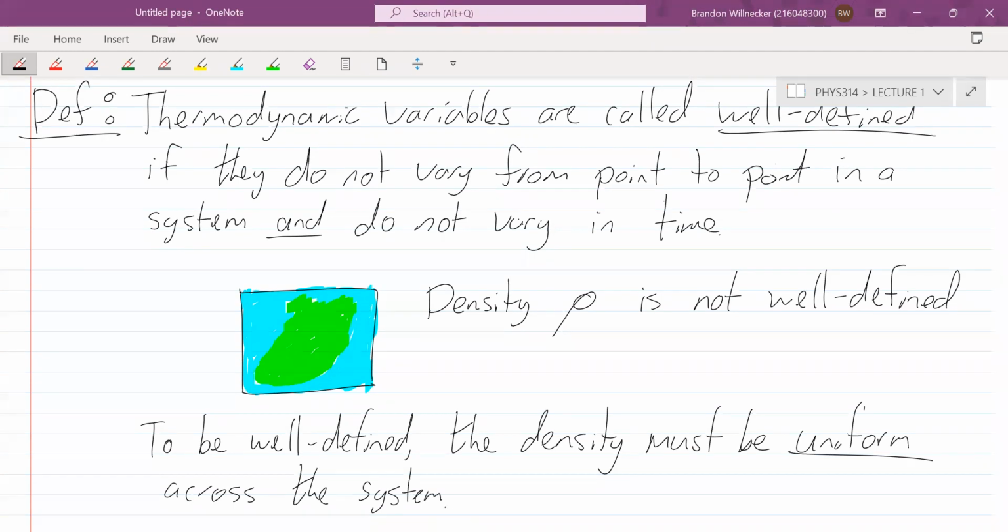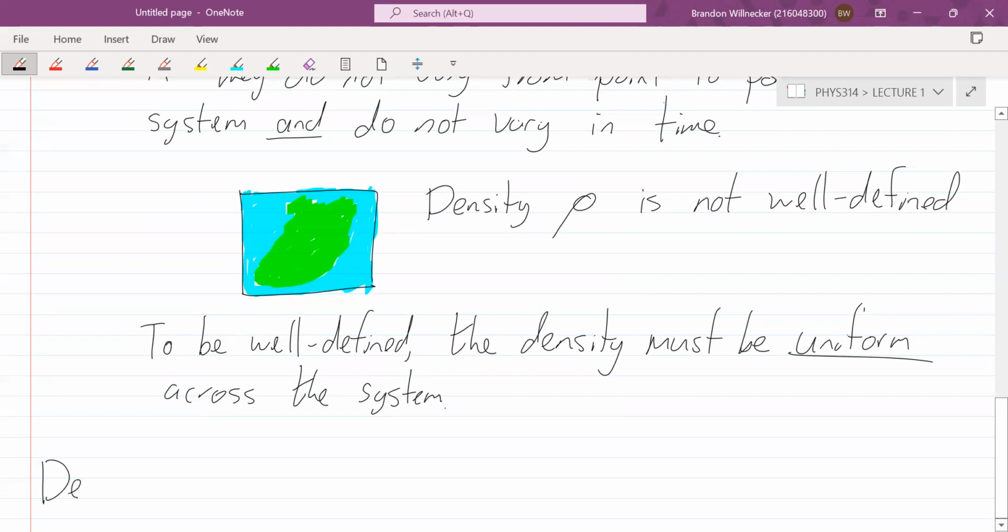Okay, and let's just have a look at the equilibrium since you brought that up. So, definition. A system is in equilibrium.